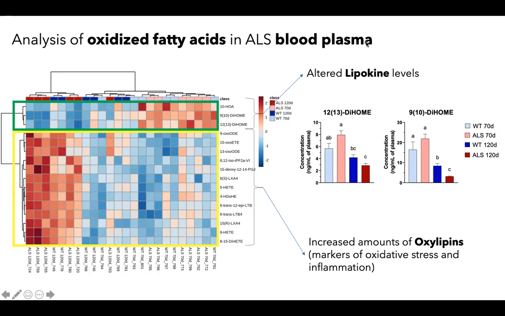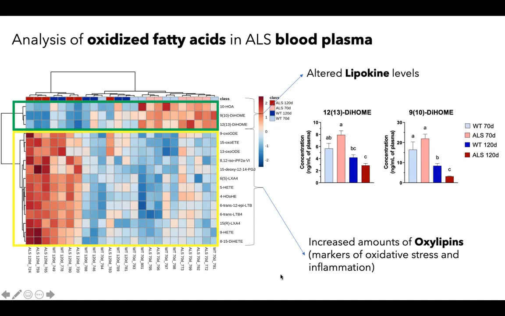One that we call lipokines, oxidized fatty acids that are synthesized in the adipose tissue and have hormonal effects. They were increased in the asymptomatic stage and dramatically decreased in the symptomatic stage.